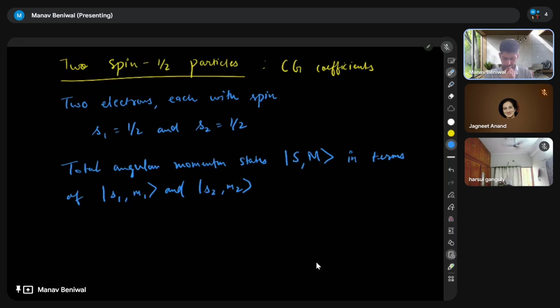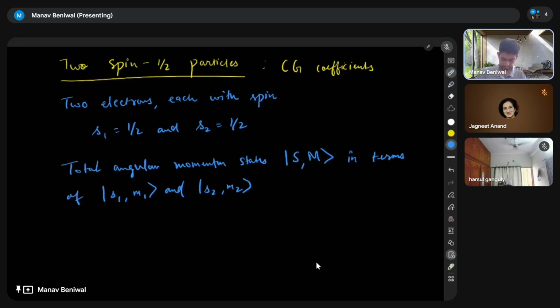Essentially we now have two things. Firstly, we have two electrons, each having their own spin S and their own spin magnetic number M. But when we add them, for the total values s comma m, we want to find out how they are related.